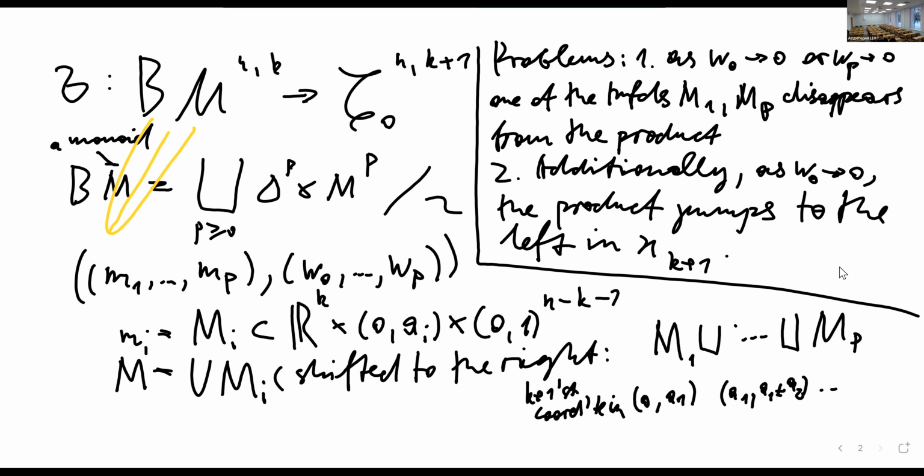Well, this means when we take the limit in the quotient space, the limit will not contain M1 respectively MP, because that's how we define the structure map.